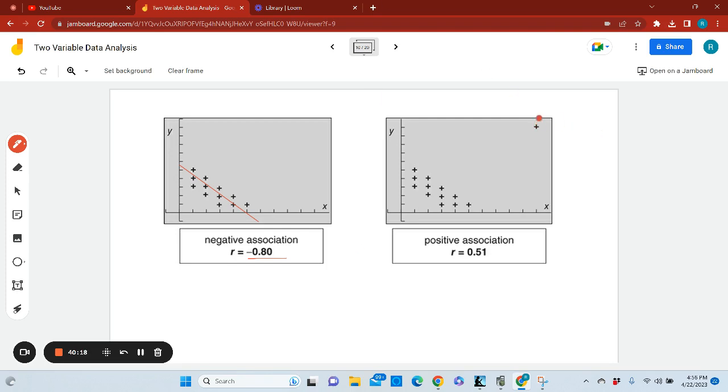But if I add one extreme data value that does not fit the rest of the pattern, the least squares regression line is no longer downward sloping. Now, the best way to model this pattern would be to do this, okay? So you can see that the correlation changed to 0.51 when I added this one extreme data point. Right? So that's why the correlation coefficient is not a resistant measure. Adding this one data point over here drastically changed my value for R.